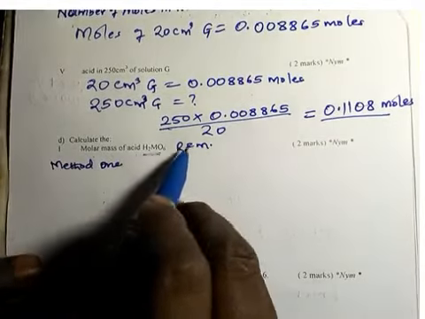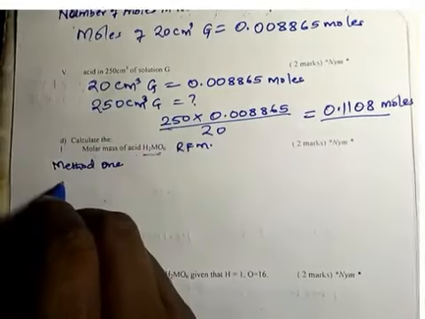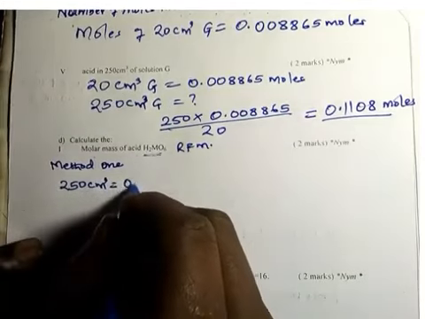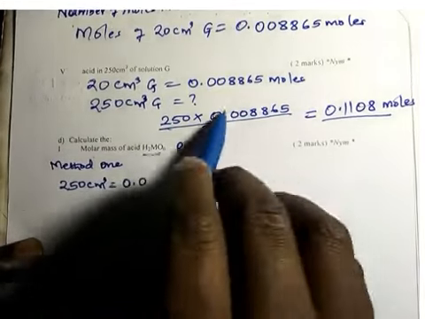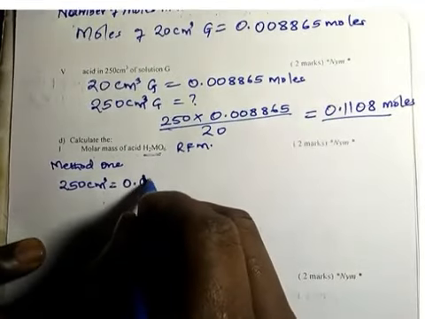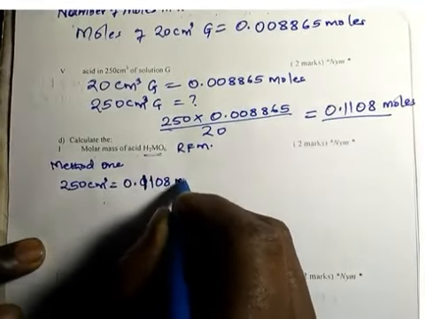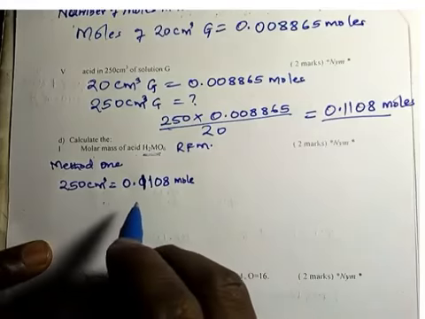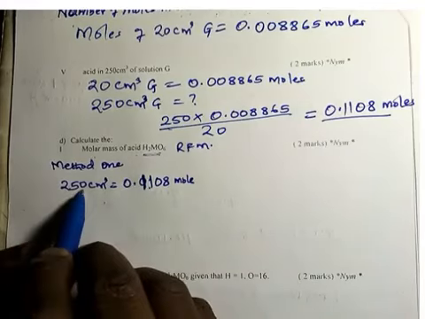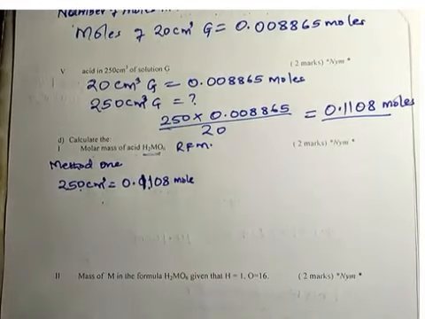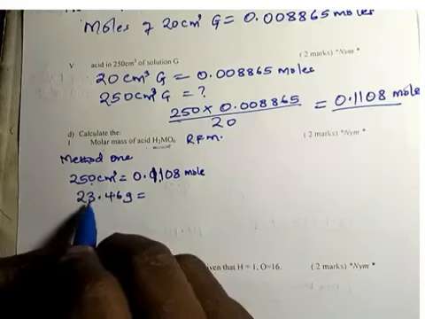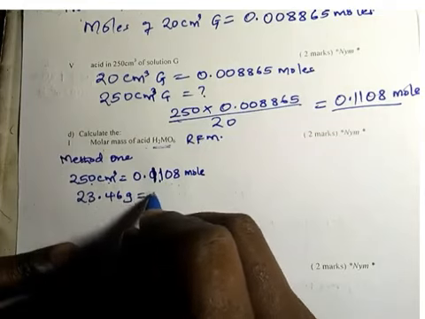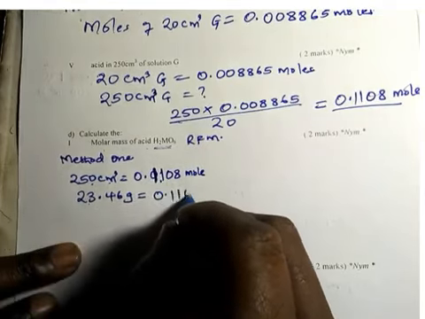We know the number of moles in 250 centimeters cube is 0.1108 moles, right? And what was the mass in here? We were given the mass in 250. So the mass 23.46, this was the mass also in 250, and it contains 0.1108 moles.